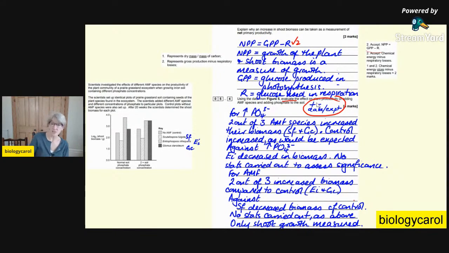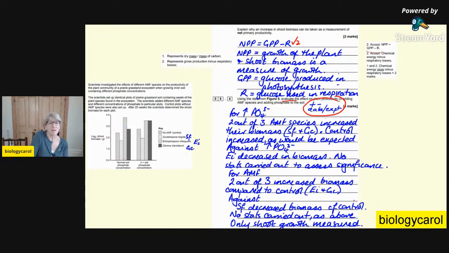Okay, so this is my format. So for increased phosphate, I noticed that 2 out of the 3 AMF species increased their biomass. Look, I've told the examiner the abbreviations that I'm going to use. So I can now use SF and GC.